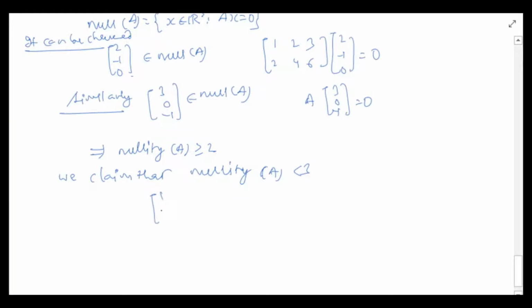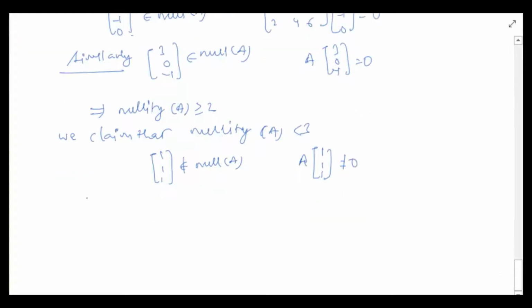Because (1, 1, 1) is not in the null space of A. It can be easily checked that A times (1, 1, 1) is not equal to 0. This says that the nullity of A is indeed just 2. And now if we see both rank and nullity, rank plus nullity of A equals 3, which is the number of columns in A.